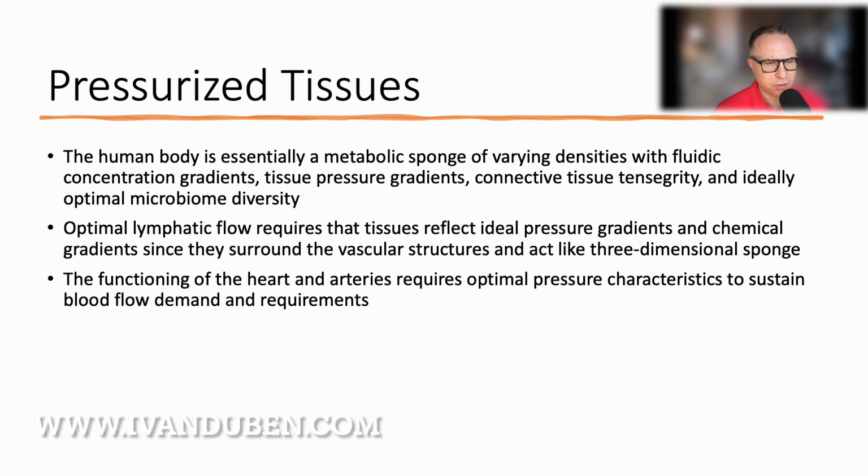The functioning of the heart and arteries require optimal pressure characteristics to sustain blood flow demand and requirements. And that's not just in the structures themselves, it's in the surrounding tissues. The more density in and around organs or tissues, the harder it is for the body to maintain its blood pressure.